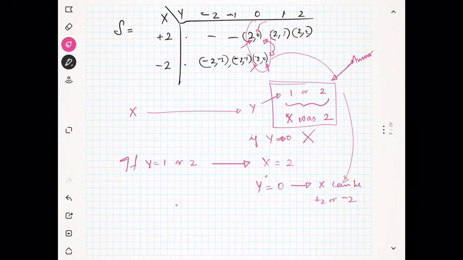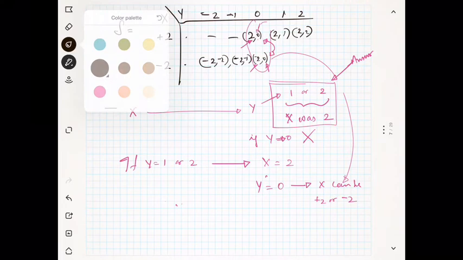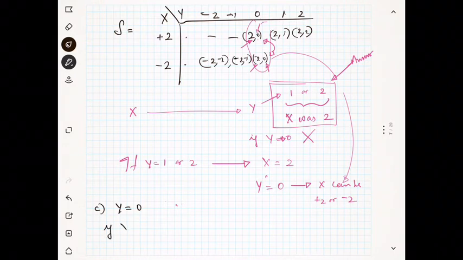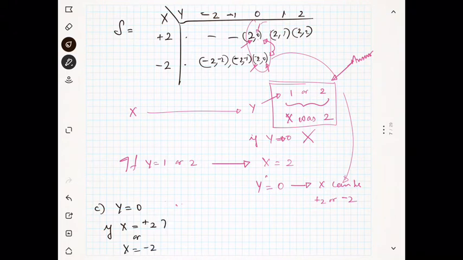describe in words the events corresponding to y equal to 0. So y equal to 0, when do we get y equal to 0? Y equal to 0 you may get if x equal to plus 2 or x equal to minus 2, you have a chance that y equal to 0, okay.